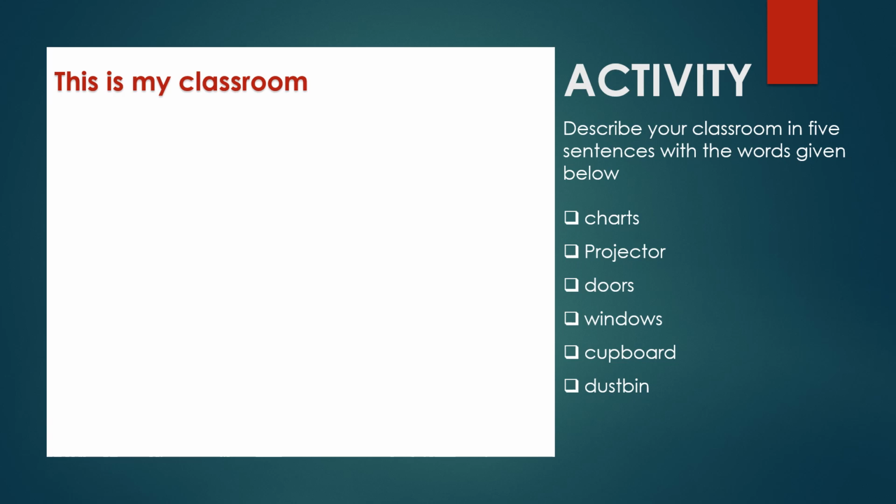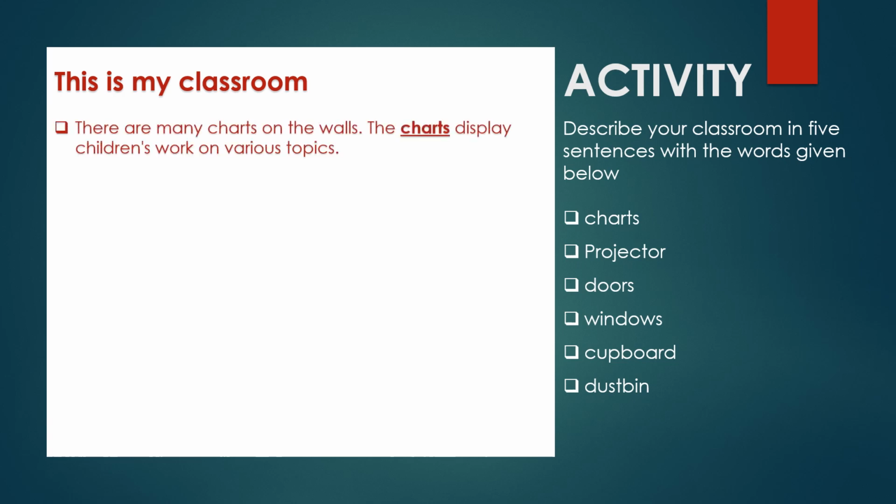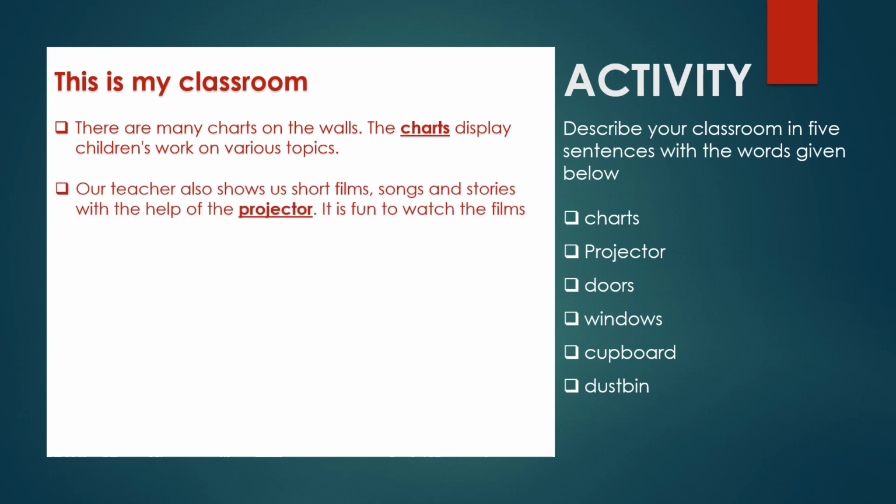This is my classroom. The first word given is charts. There are many charts on the walls. The charts display children's work on various topics. The next word is projector.